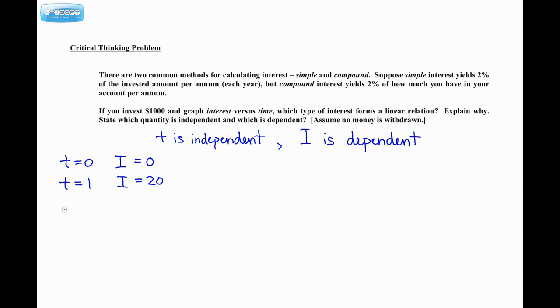So a year later, this is the end of year 2, so time equals 2, we calculate interest again. Well, simple interest is only calculated based on the original amount, and we invested $1,000. So the original amount does not change. So we know that every year we earn $20.